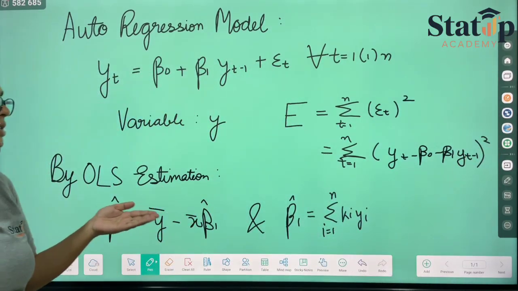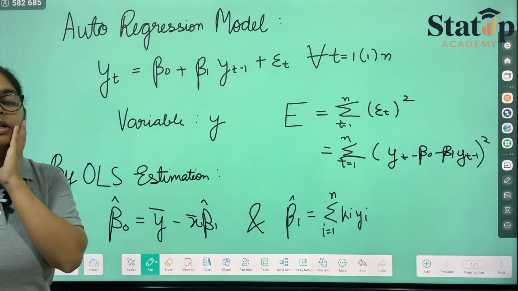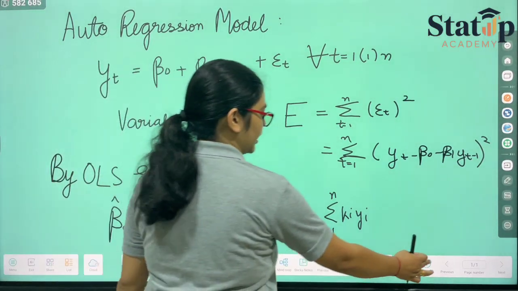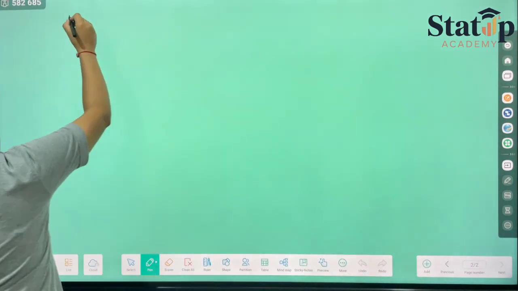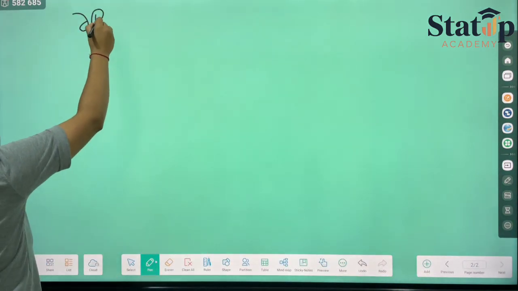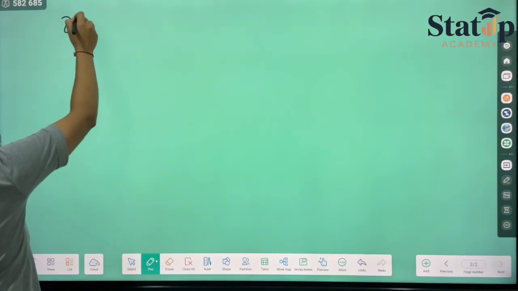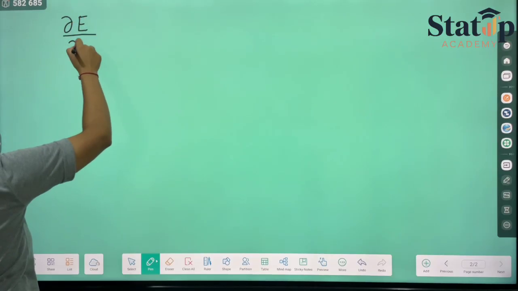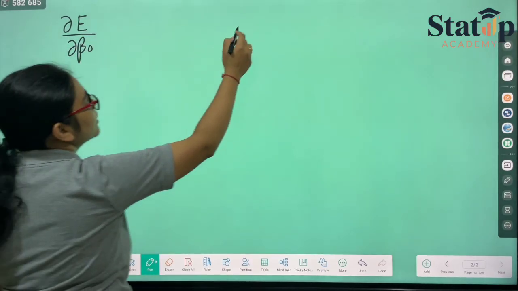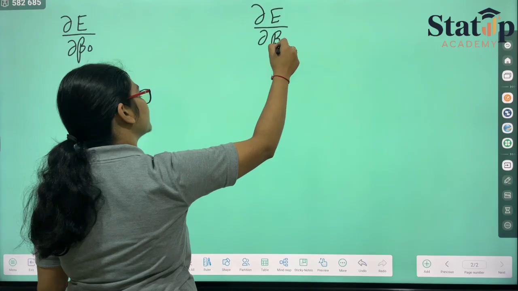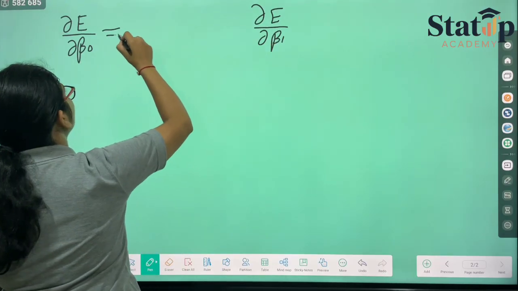And on solving this, firstly we have to take the normal equations, which is again given by the derivative of E with respect to beta naught, and this with respect to beta 1 should be equal to 0.